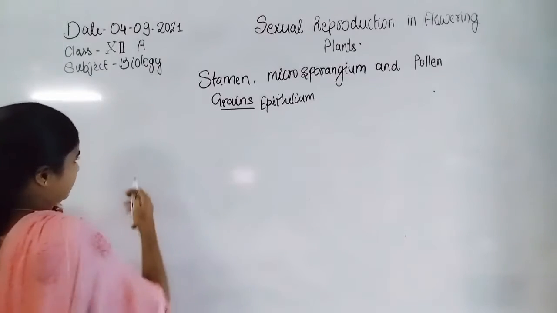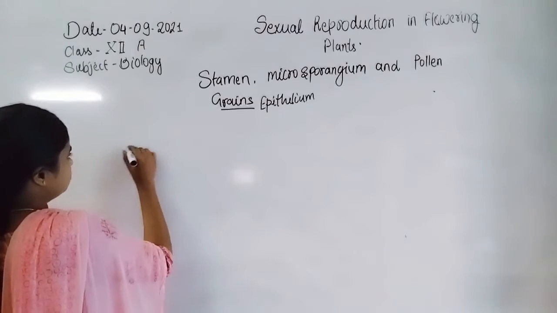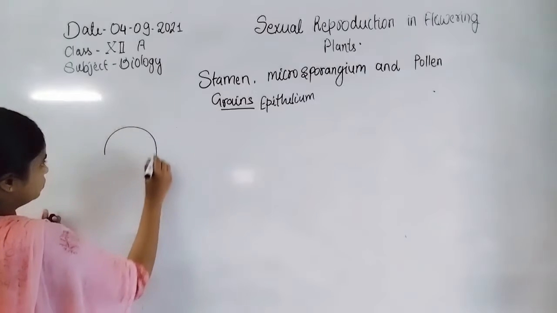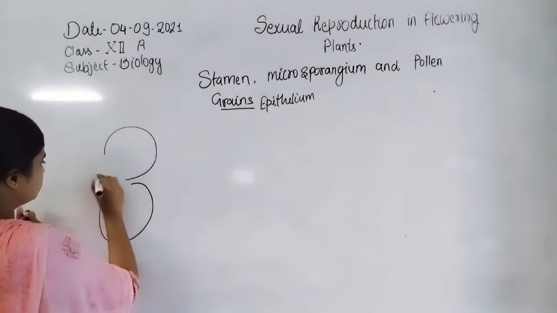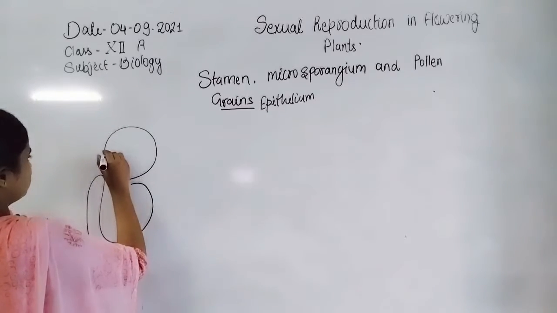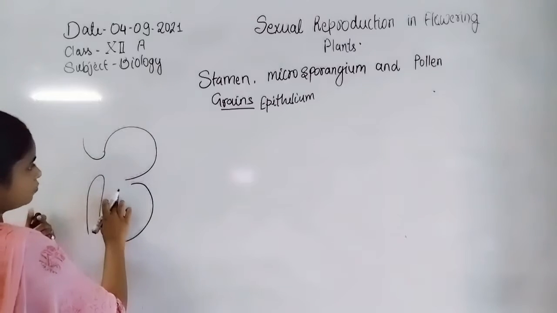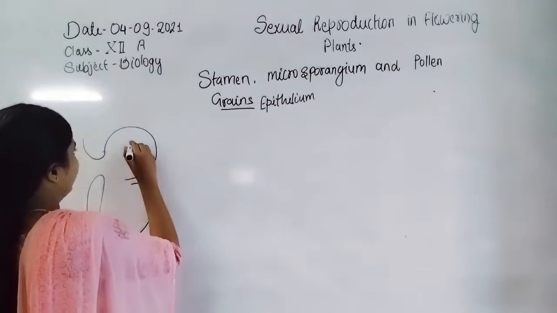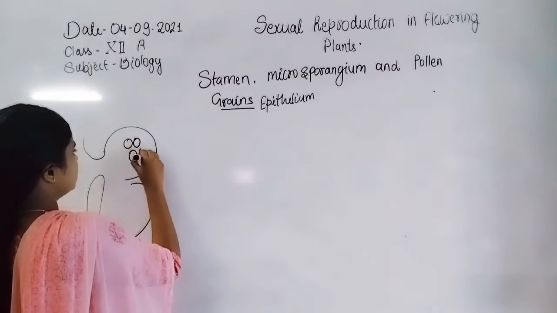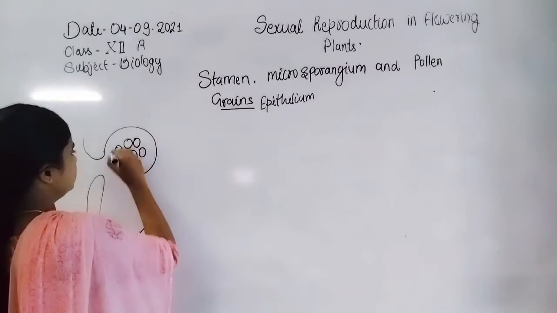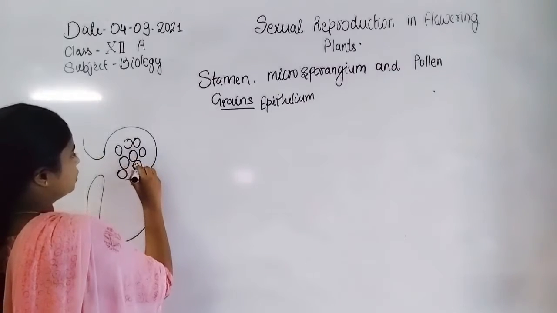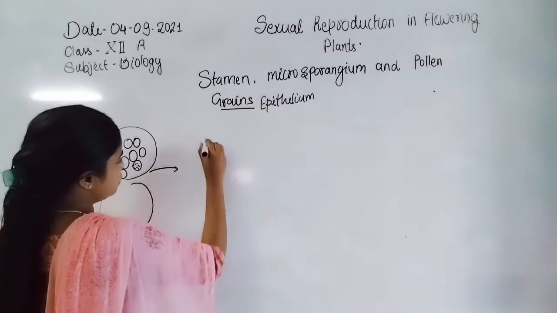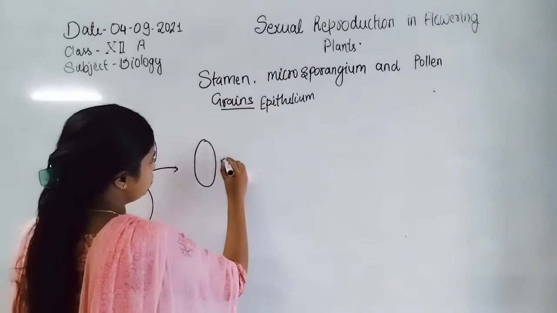So here is the bilobed structure. In the bilobed structure, there is the microspore mother cell. The microspore mother cell undergoes meiosis division.